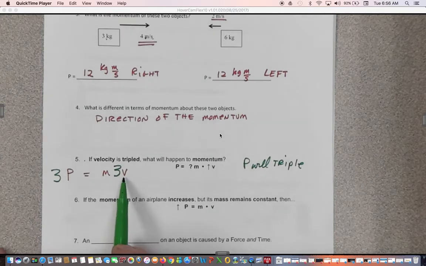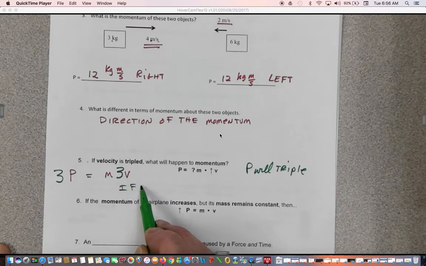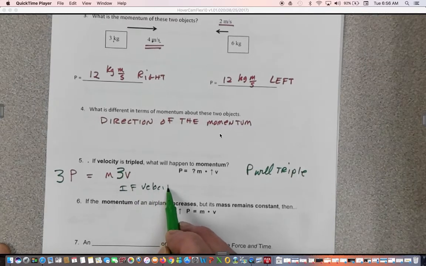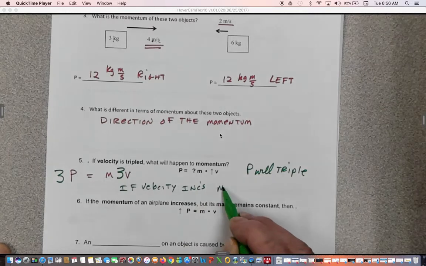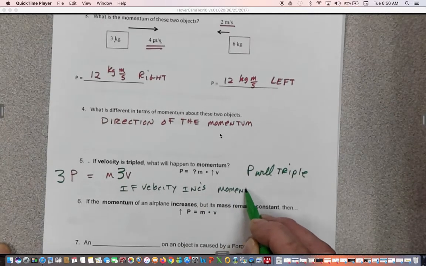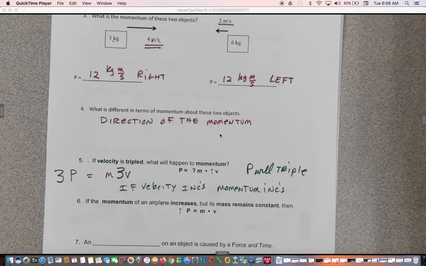So if you're going faster, you'll have more momentum. If velocity increases, momentum increases by the same amount.